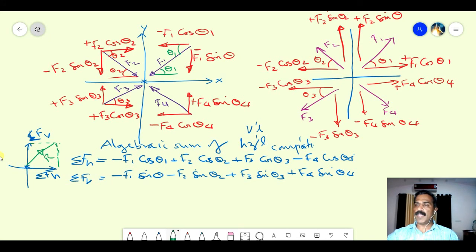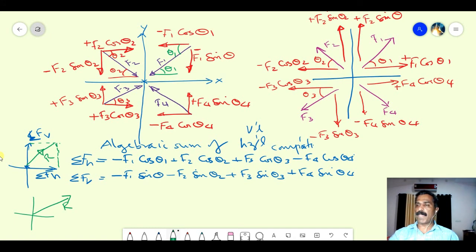Actually all these forces are replaced by sigma Fv and sigma Fh, and if we replace these two by the resultant, then this will be the resultant of all of these forces.